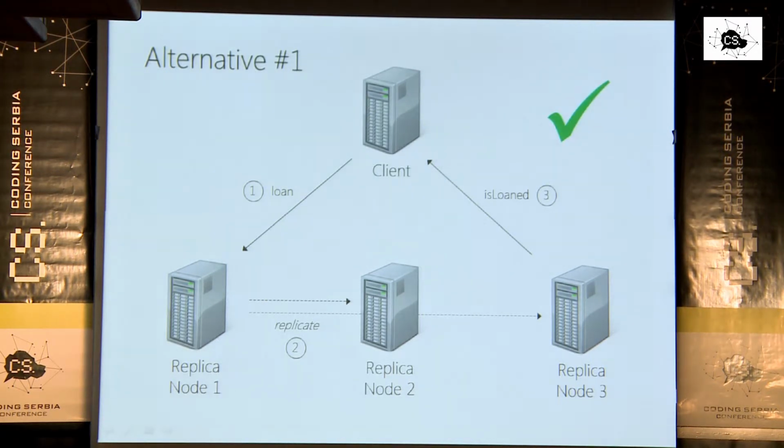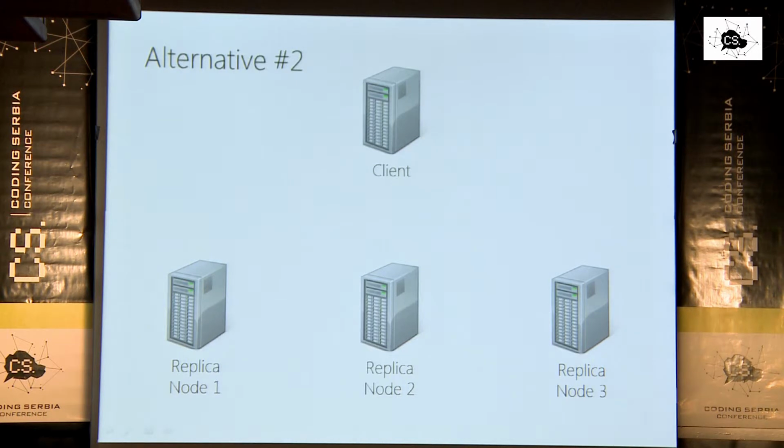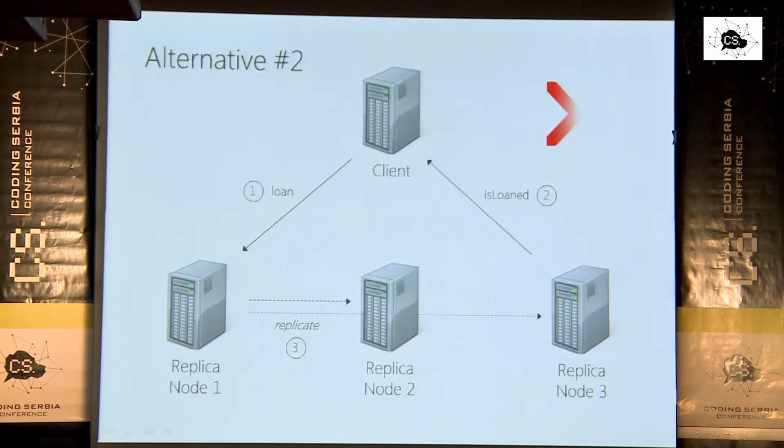Everything's fine. Well, there's another alternative. You write to that one, and before the replication takes place, you ask another node, is that book loaned? And it gives you the old state, which probably is no, it is not, which isn't so nice. So we don't like that.